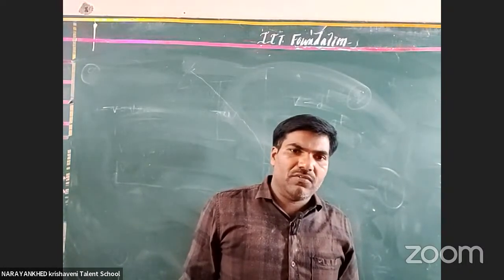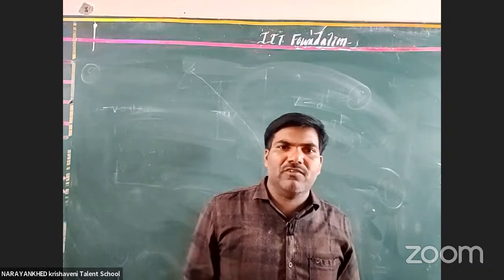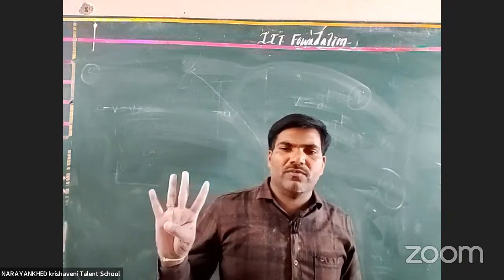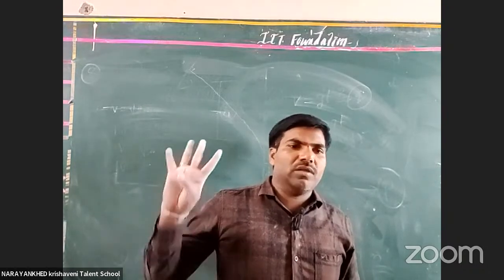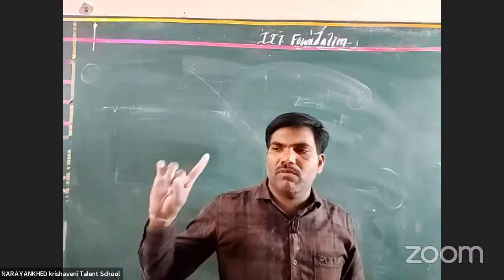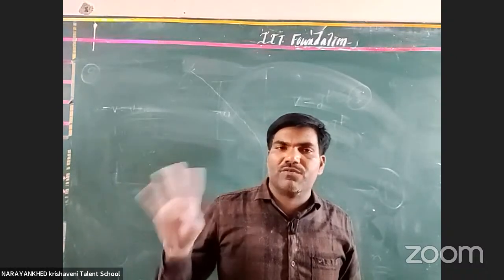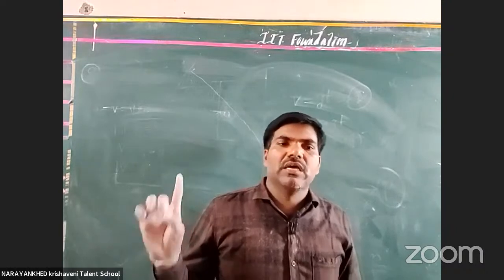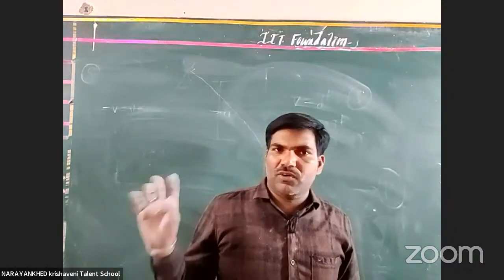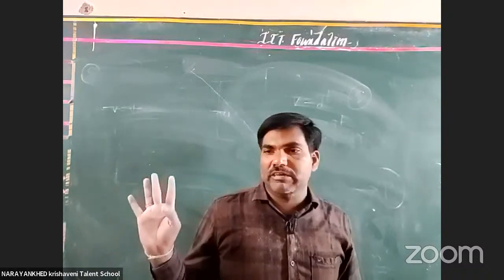Every problem may be completed, but there are only 4 concepts here. Every problem is related to one of these formulas: the equations of motion for a freely falling body. First, V is equal to GT.